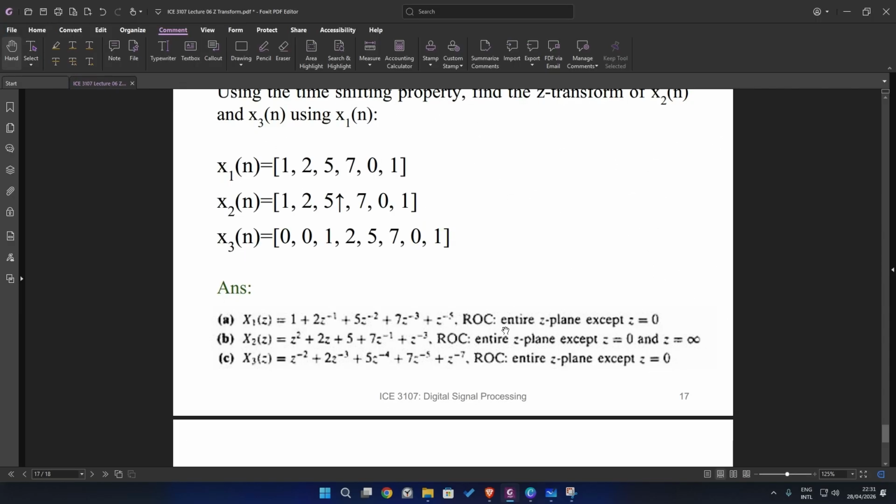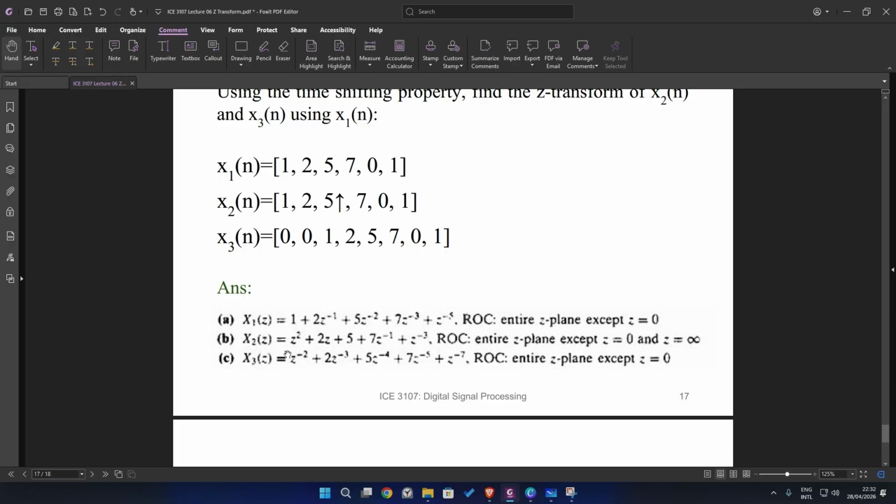We also have to consider the ROCs here. For the first problem, X1(z), the ROC will be everything except z equal to 0. Why is z equal to 0 excluded? If you consider 2 by z, if z equal to 0, then 2 by z will be infinity, which is invalid. So the ROC will be the entire z plane except z equals 0.